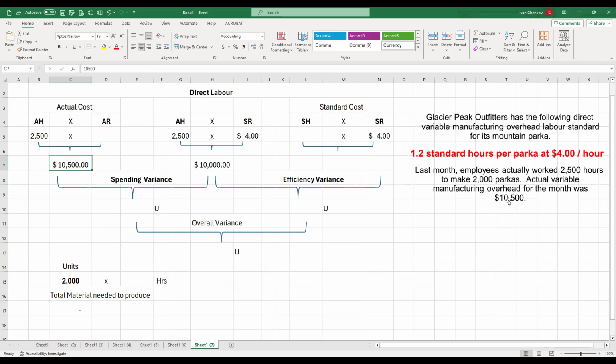You can see it. So from this number, can we get the actual rate? Yes. And that will be $4.20, correct?